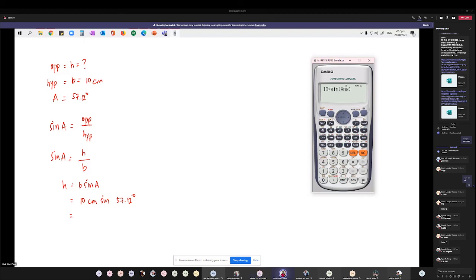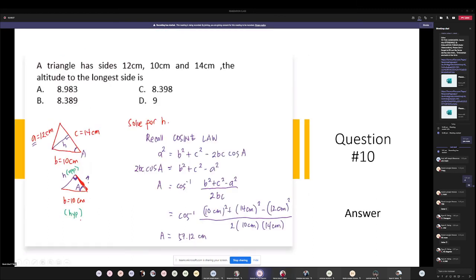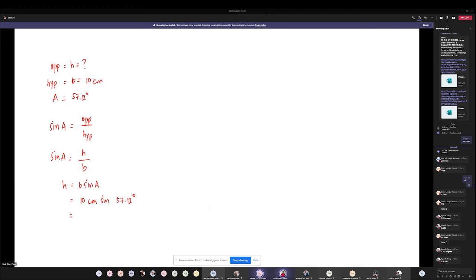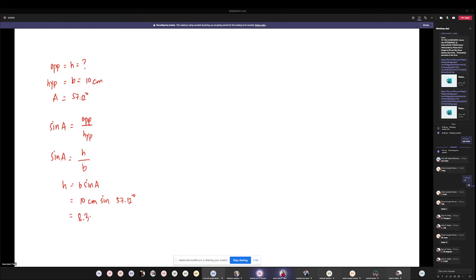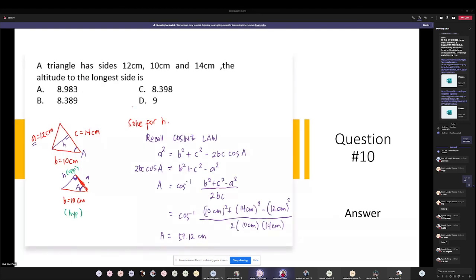Instead of 57.12, the calculator will use the exact value of A, so that we'll get a more accurate answer. It's 8.398, 8.4 if rounded off to the first decimal place. It's 3 decimal places for the choices, so 8.398 in centimeters. So the answer is letter C. Right?